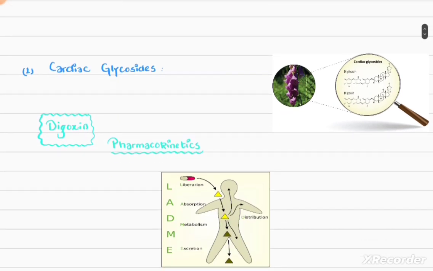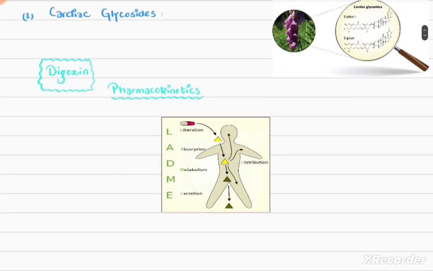The first class that needs to be discussed is the cardiac glycosides. These were the drugs that were primarily used in the treatment of heart failure, but now they're no longer first line therapy. These are the drugs that are derived from a plant known as digitalis, also known as purple foxglove.